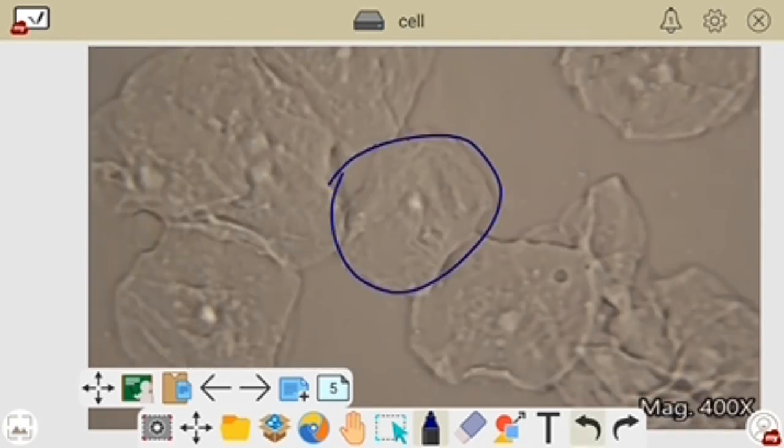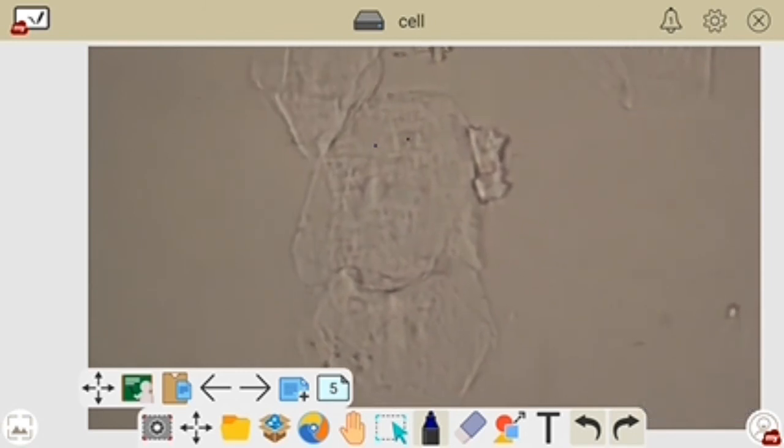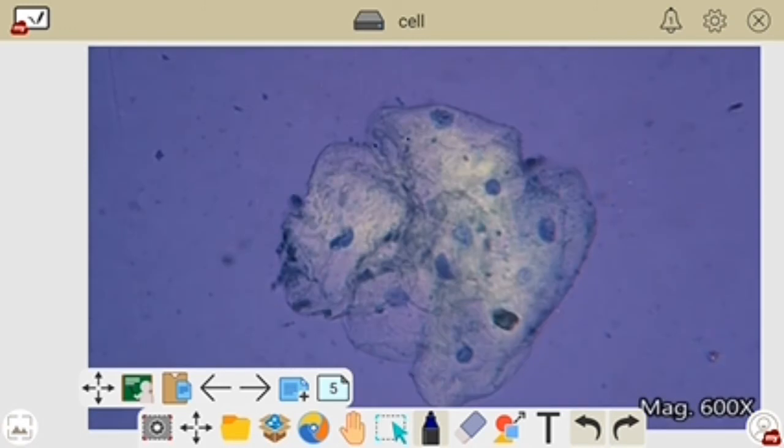So these are the animal cells. This is also animal cells. Two or three cells are present in there, so it looks like that.